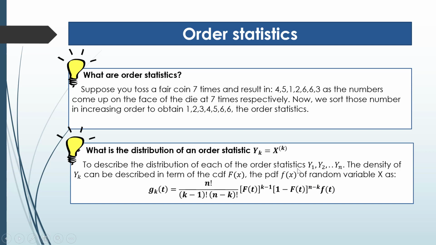So for minimum and maximum, the problem is easy. But for the number in the middle, we need to apply this formula. But usually on the exam, we don't see this question often.